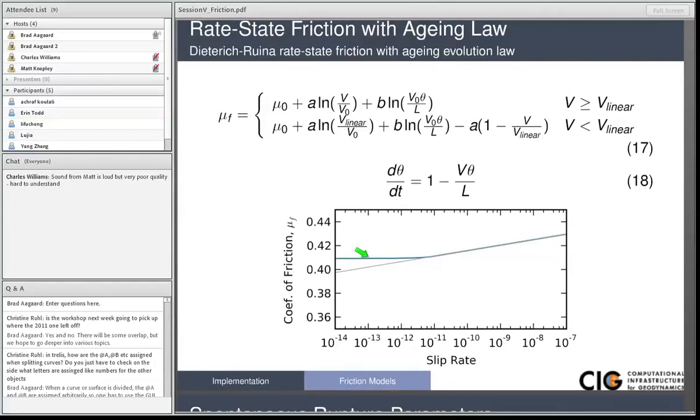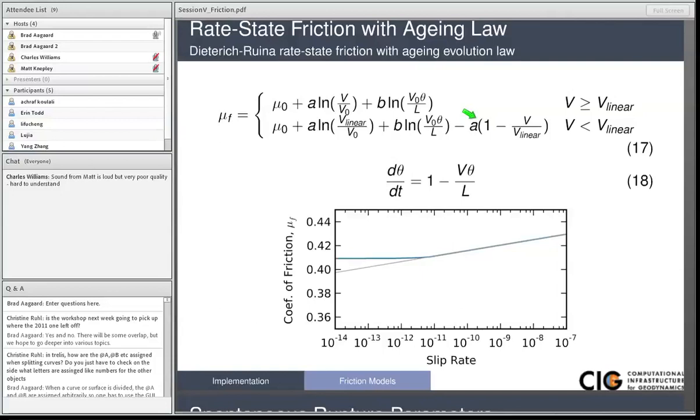Whereas if you kept that nonlinear, or logarithmic, dependence, you'd have this light-colored value down here. And so this is our regularization, adding this term over here. Generally, we set V linear to be just a couple orders of magnitude over our zero tolerance.